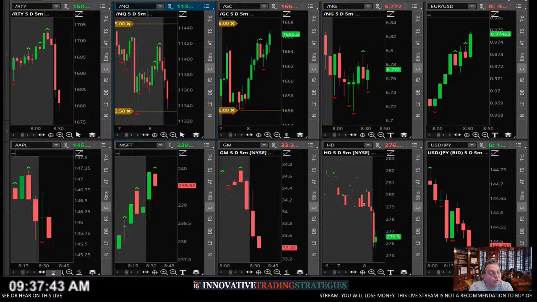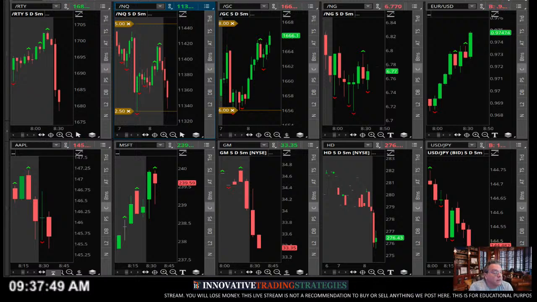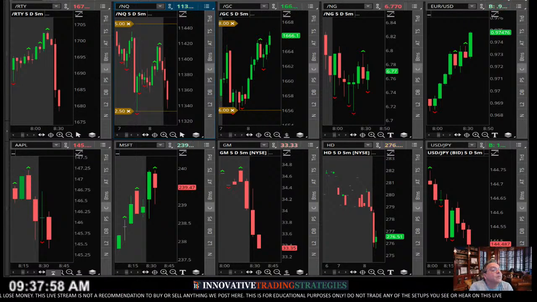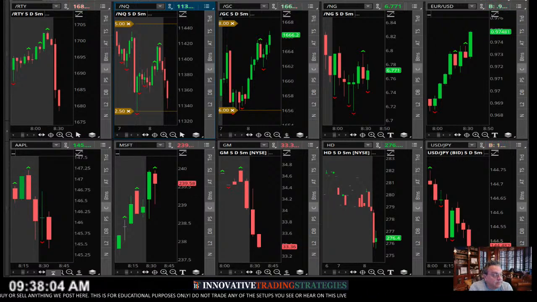It's like Apple's going to pull down lower right now. Let's see what Apple. Apple looks like it wants to go down some more here. Next target low on Apple's going to bring it down to about 145.10.